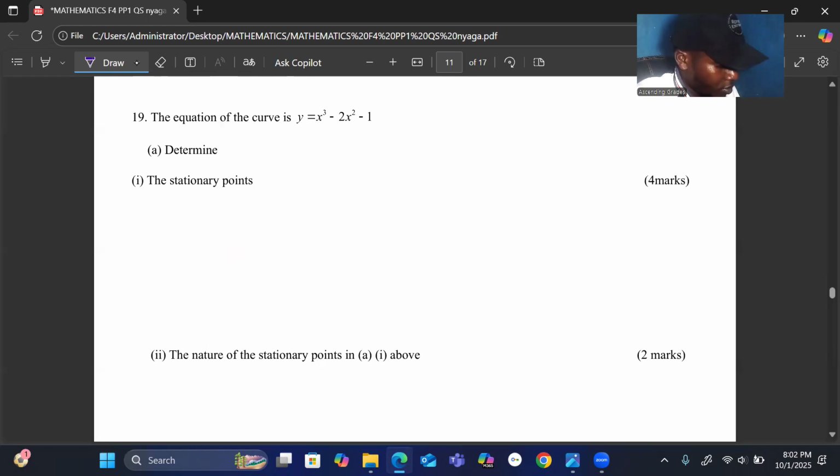Now, we look for the stationary points, and we can start with y equals x cubed minus 2x squared, then minus 1.